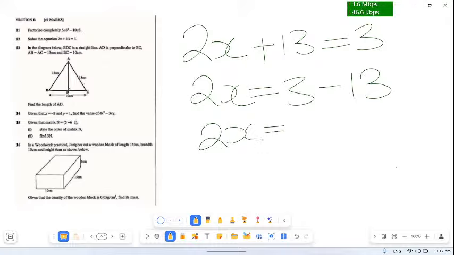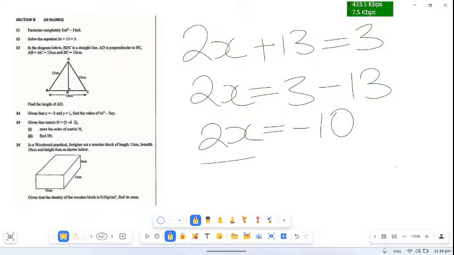We ask ourselves which number is bigger between 13 and 3 without considering the negative sign. So we know that 13 is bigger than 3. What sign does 13 have? It is a negative. So then we say, what is the difference of 13 and 3? It is 10. Okay, so I've got negative 10 there.